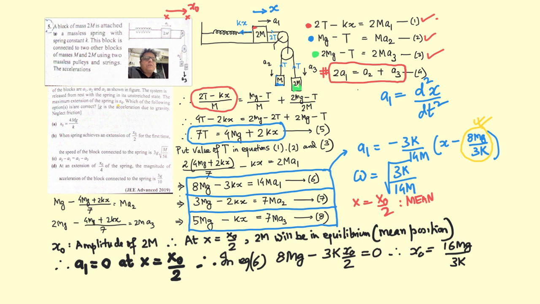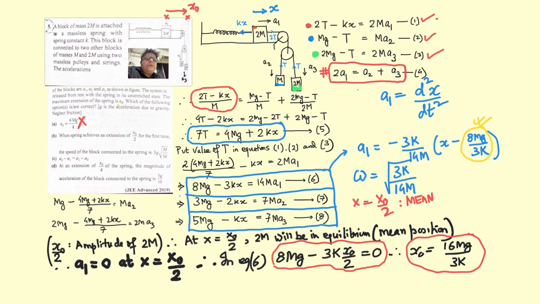So a1, the acceleration of the block 2m, will be 0 at x equal to x naught by 2. In equation 6, you put these values. That means 8mg minus 3k x naught by 2 is equal to 0. So you get x naught is 16mg by 3k. So that means A is not the correct answer.